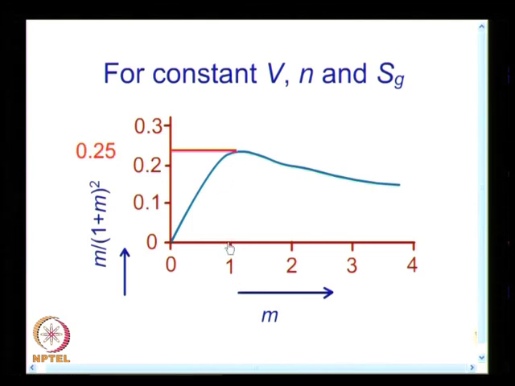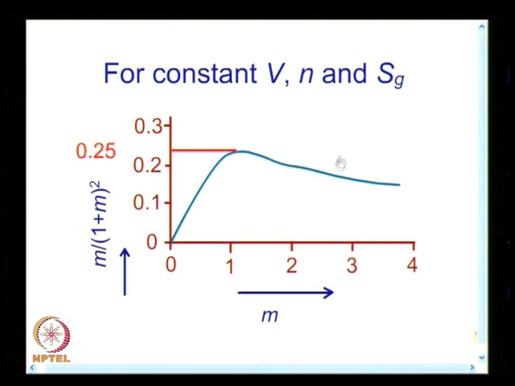So, what does it translate to? You want 4 arms of the bridge to have equal magnitude of resistances. So, that is how we will construct a Wheatstone bridge.